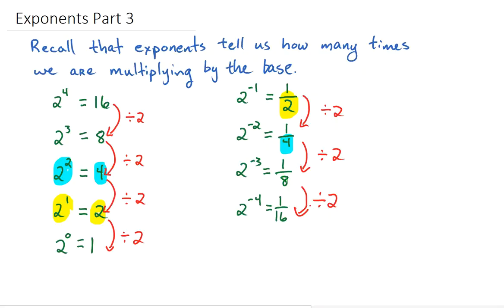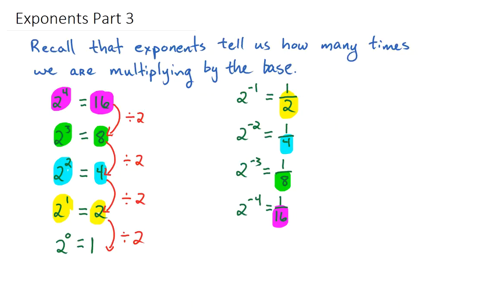The next step up, we have an 8 in the denominator, or you can think of that as having 2 to the third in the denominator. And then our last fraction down here has a 16 in the denominator, but we could think of that as having 2 to the fourth in the denominator.